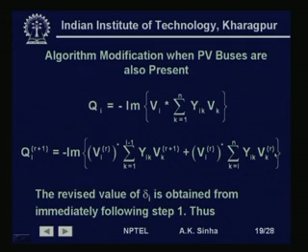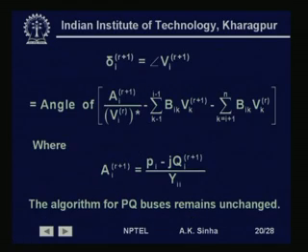Now, the revised value of delta can be obtained from this, as we know that delta is nothing but angle of V. So, delta i at r plus 1th iteration is angle of Vi at r plus 1th iteration.